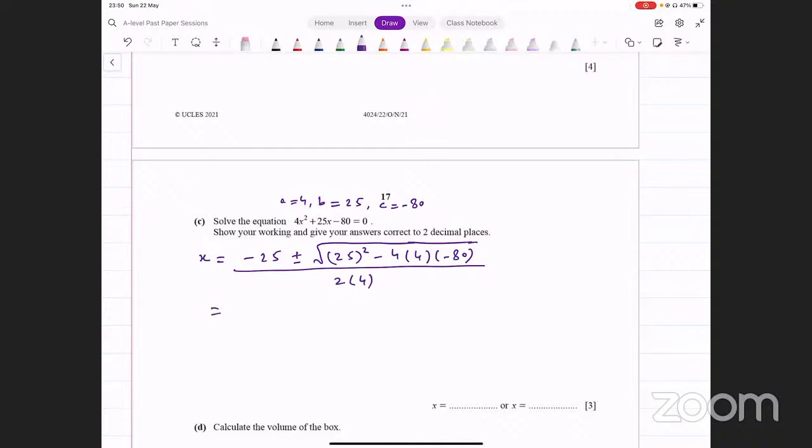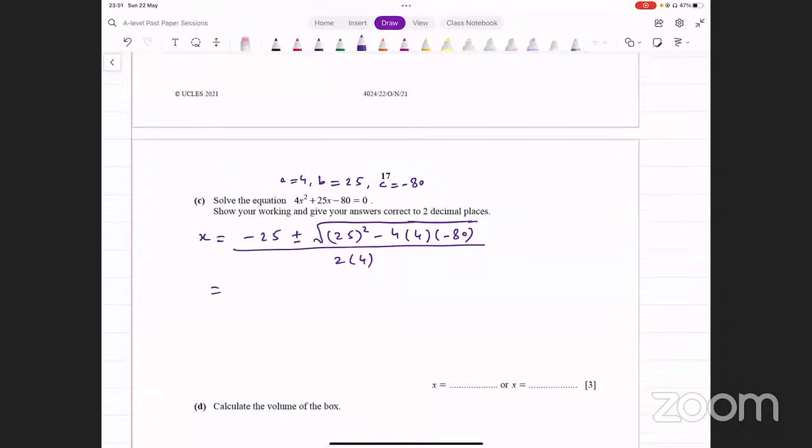Okay. Now again, showing working is absolutely important. इसको step by step करना है. आपके पास क्या आता है इससे? Minus 25 plus minus, इसको evaluate कर लें. Square root of 25 square minus that, so that's 25 squared plus 4 into 4 into 80.